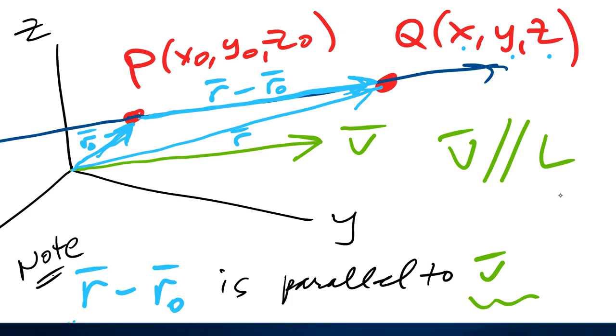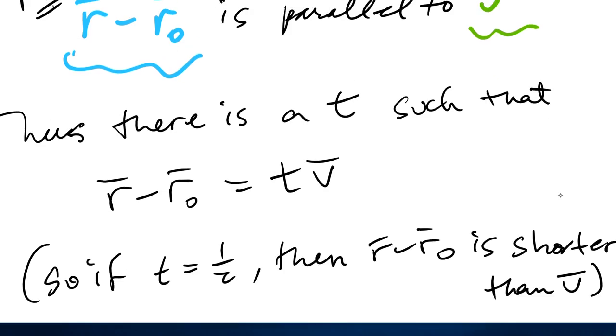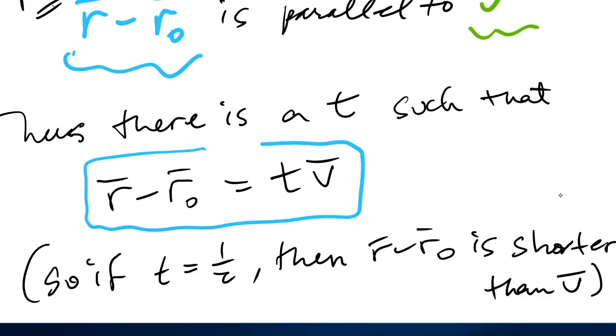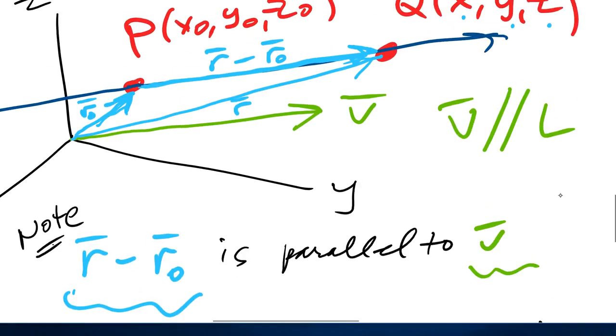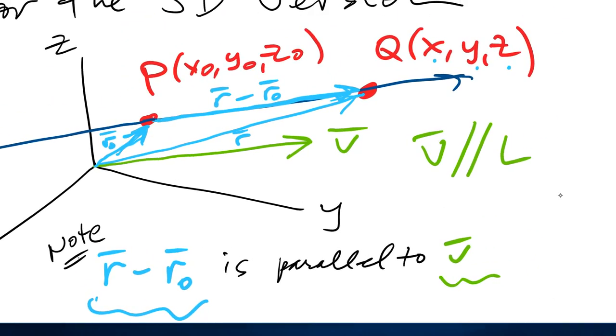R minus R naught is equal to a version of V, either a longer V or a shorter V, and that describes this equation here. This describes the line completely, because if you pick any random point Q, R minus R naught will also be parallel to V.